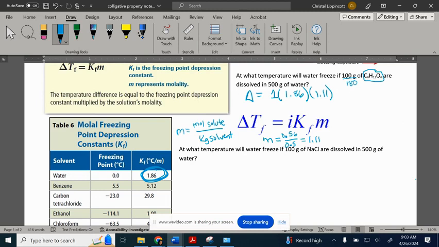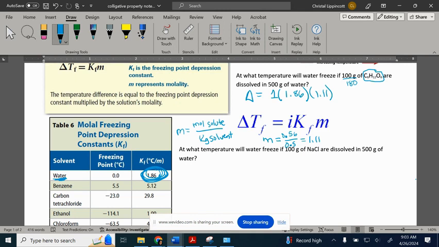Okay, we talked about that earlier. We said if we had something that's a molecule, it's not going to come apart. So its interference factor is going to be 1. This is water. So I'm going to come over to the chart here, and I'm going to get the KF value for water. So that's where I got the 1.86.